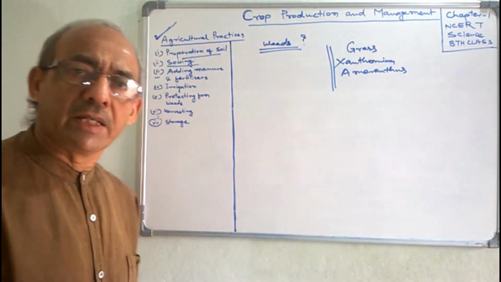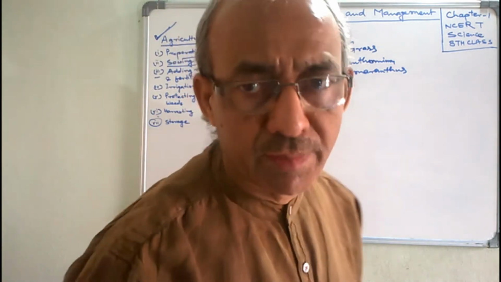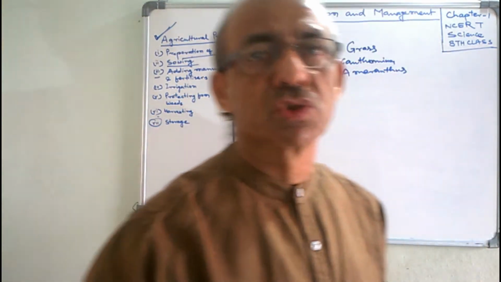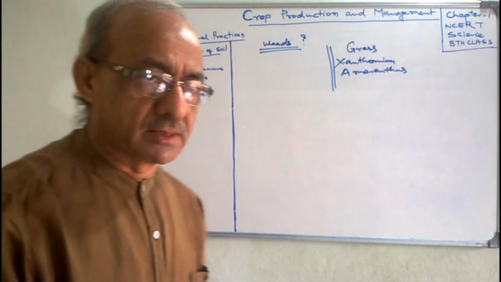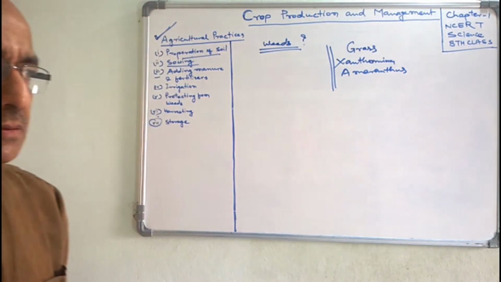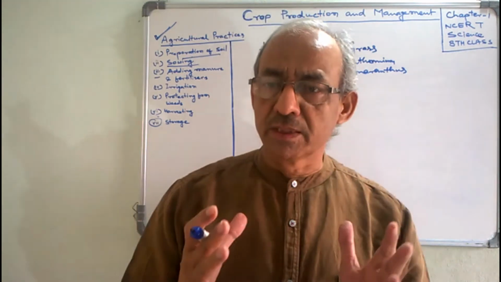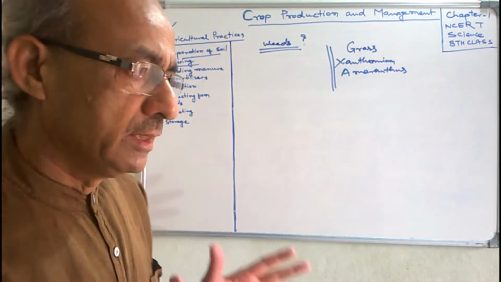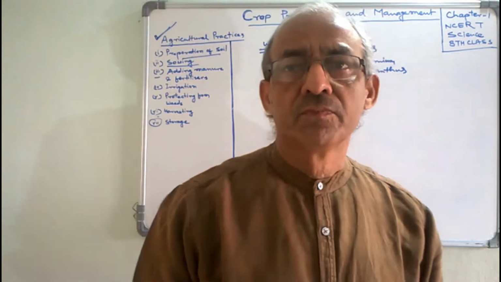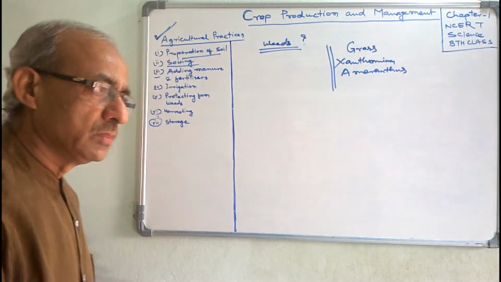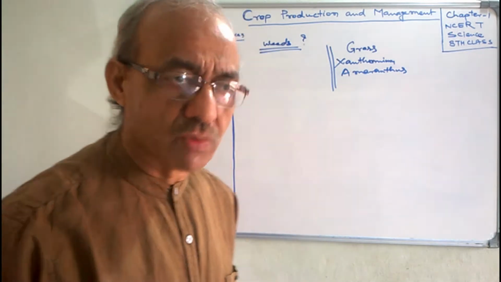They compete with the actual crop plants by occupying the space, by absorbing the nutrients and water from the soil. As they occupy the space, the actual crop plants do not get sufficient sunlight and space to grow, and as they absorb the nutrients and water, the actual plants do not get the proper amount of nutrients and water from the soil.